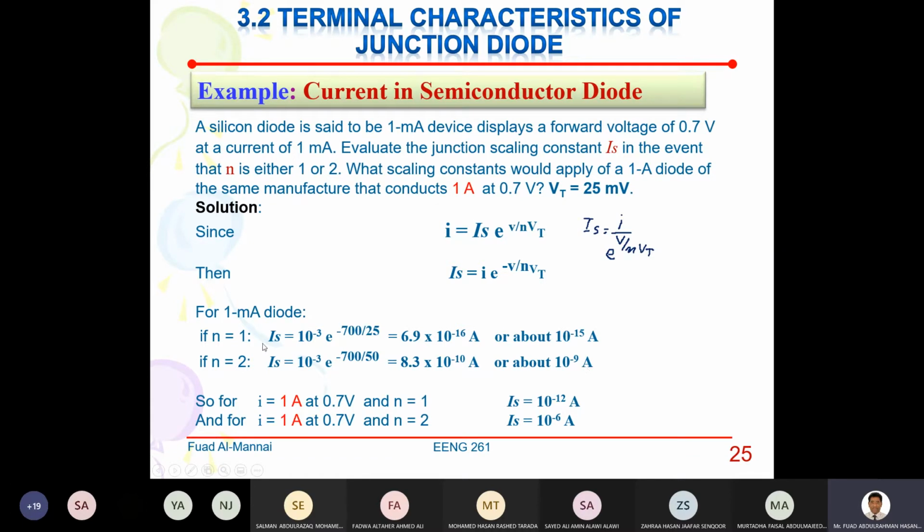So when N is equal to 1, the current is femtoamp. When N is equal to 2, the current will be nano. So the difference between them is more than 1,000. It's about 1 million.